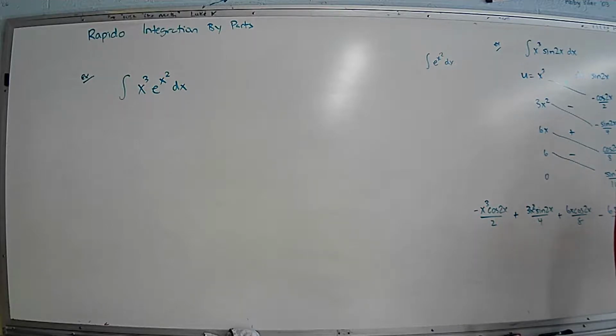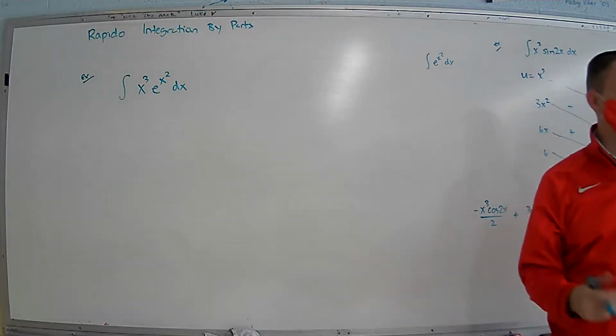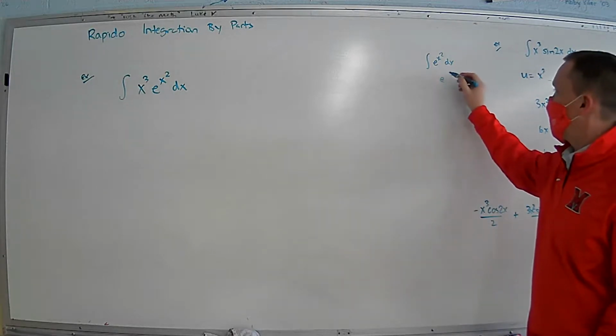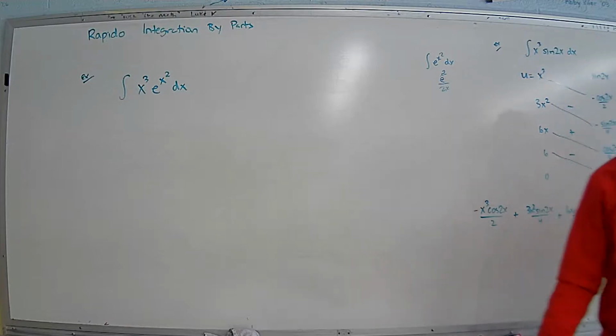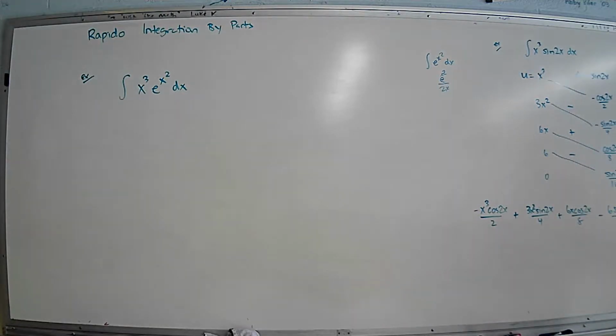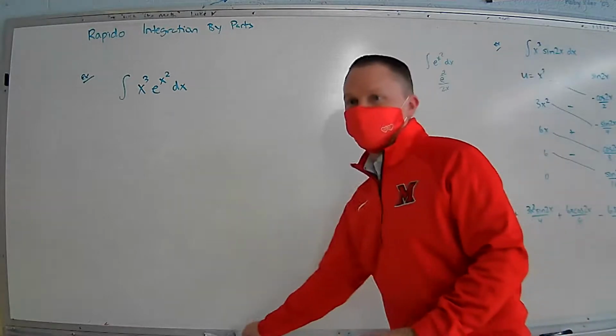Now, someone who's new at learning u subs and antiderivatives might think the antiderivative of e to the x squared is e to the x squared divided by 2x. But why is that not the antiderivative of e to the x squared? That looks really crappy. Billy's looking at that like, what?